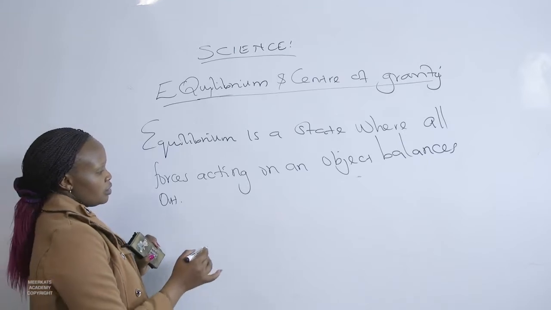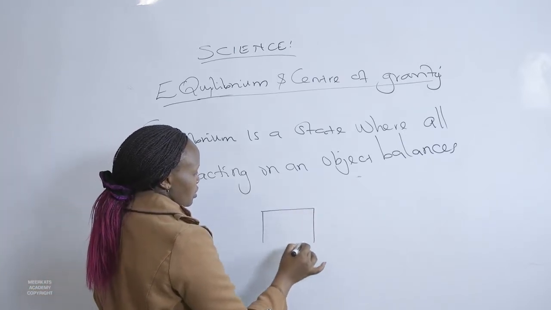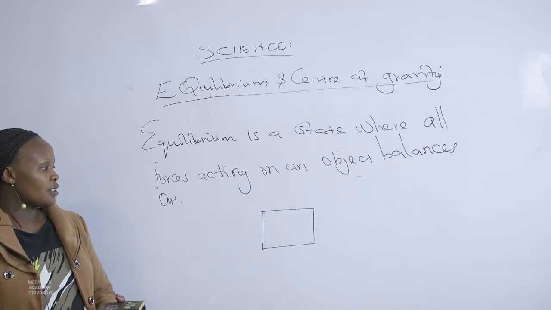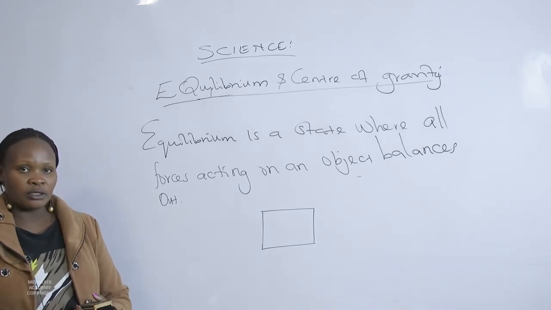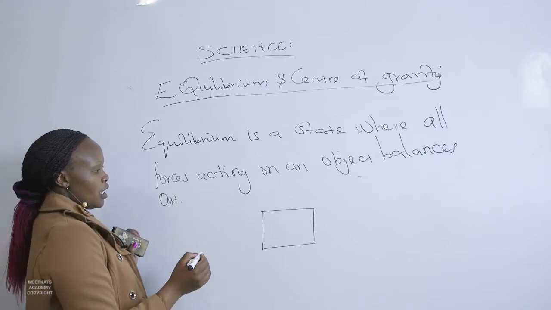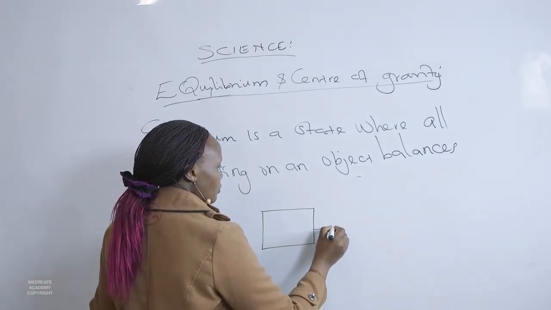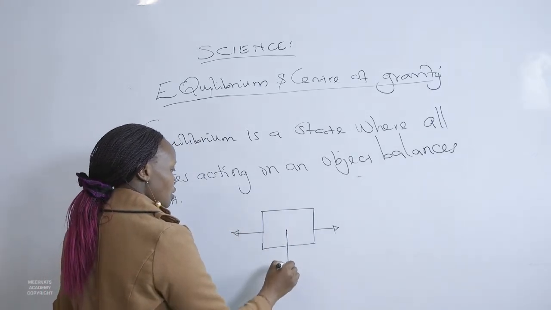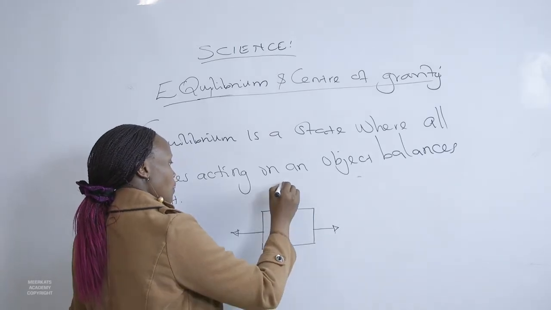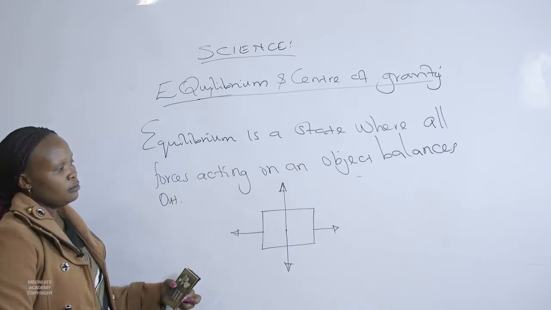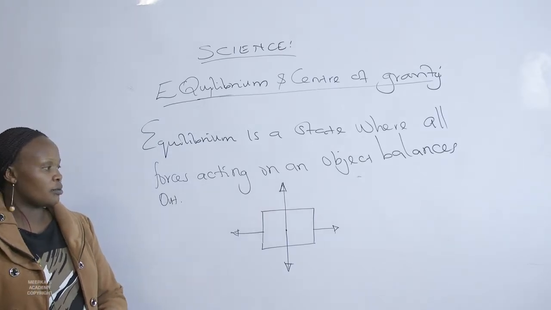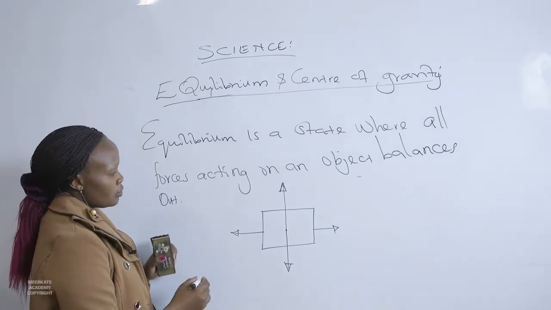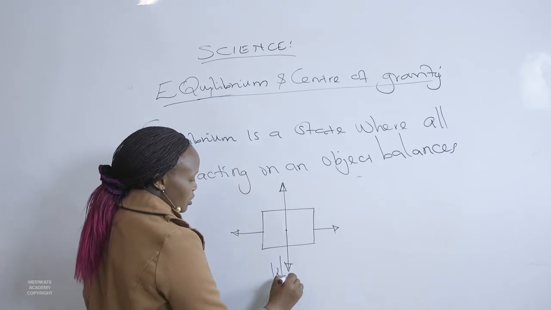Now, let us consider a small body like this, and resolve the forces that act on it. Let us suppose we have it being dragged across a bench. We agreed that whenever there is action, it will always call for a reaction. Let us assume that this is the weight.